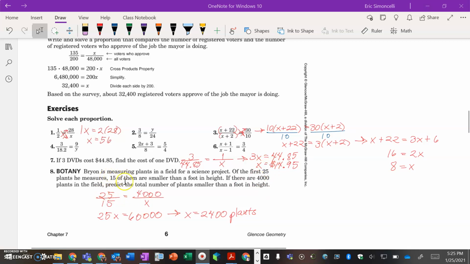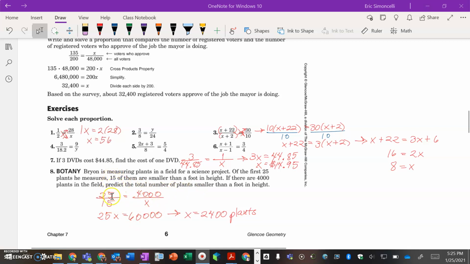Divide that by 15 in this case, which are smaller than the height that he's denoting here as 1 foot.